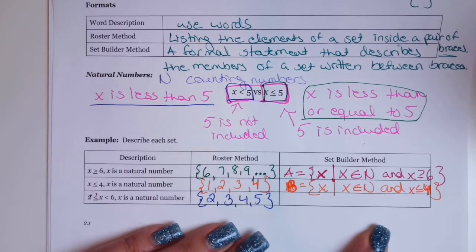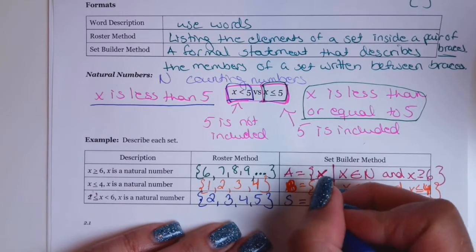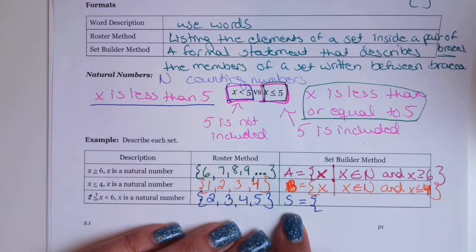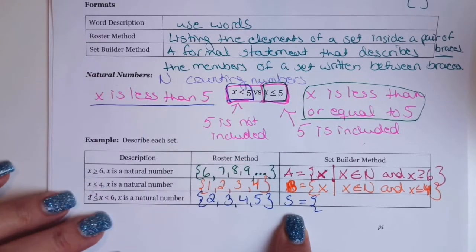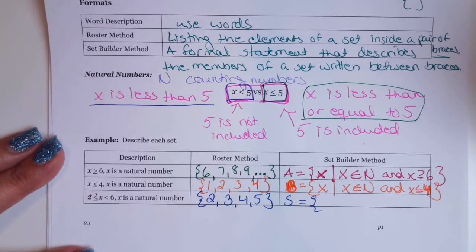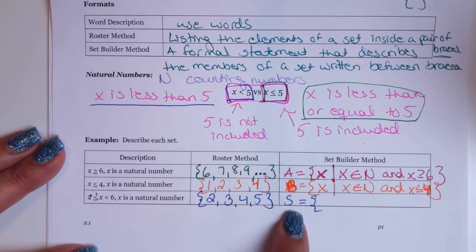Set builder method. I'm just going to put this as a set S. And these are not defined anywhere. So I'm just making them up as I go, so you don't have to worry about that. In some problems, it will actually say which one is which.